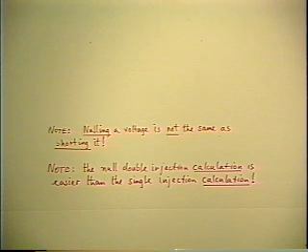Another thing that you can notice even from this very first example, the null double injection calculation was actually easier than the single injection one. The answer was only R instead of a more complicated combination. Now that's not an accident.